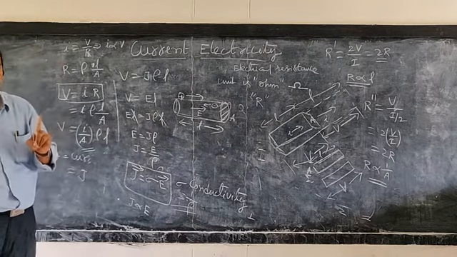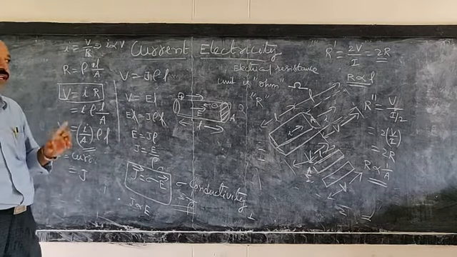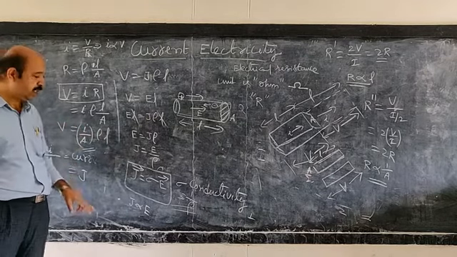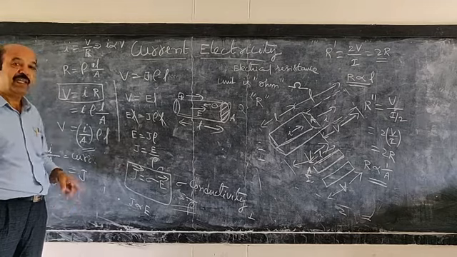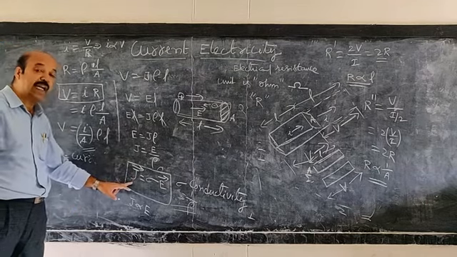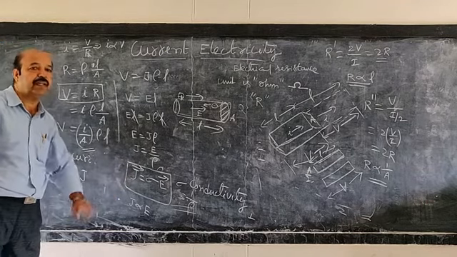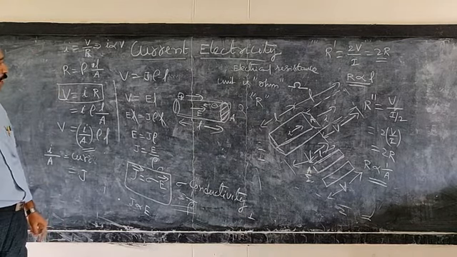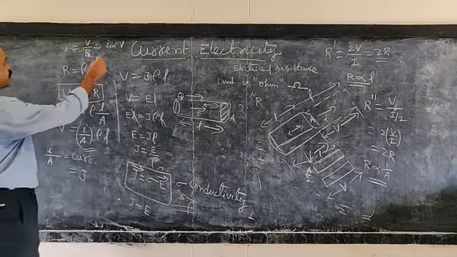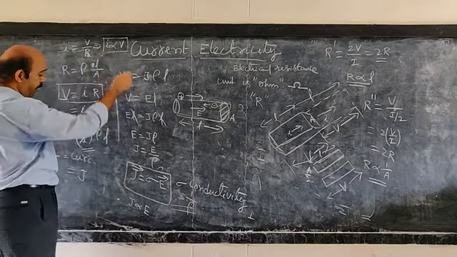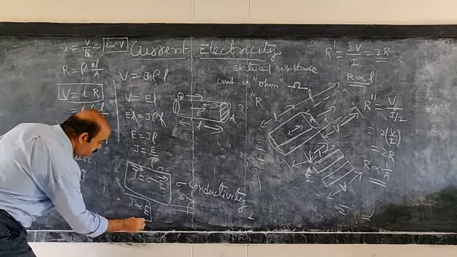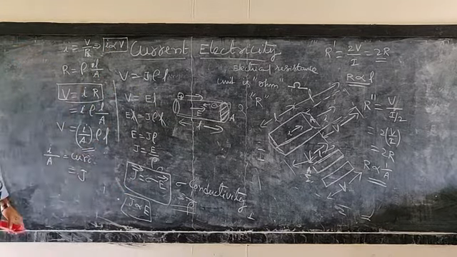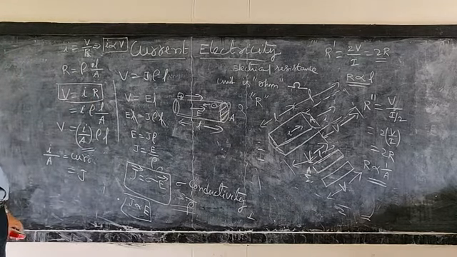The only physical quantity in current electricity that is a vector quantity is the current density. So this is the only quantity which has the vector property in current electricity. So if you observe these two, they appear to be similar. Hence, we say this is another form of Ohm's law.